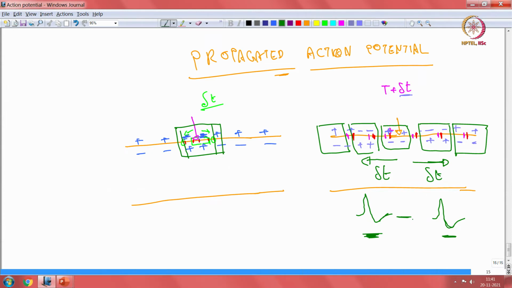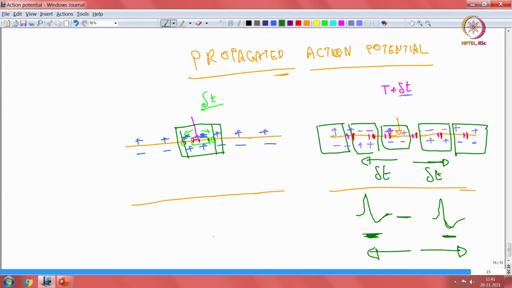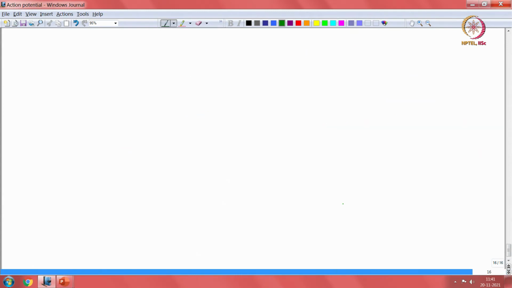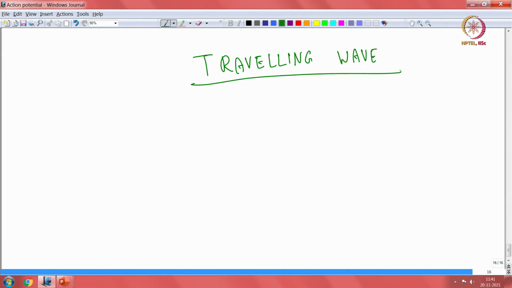So what effectively it means is that what action potential was in this particular area is actually traveling. So we have a traveling wave, so as to say, and that brings wave dynamics into the picture.